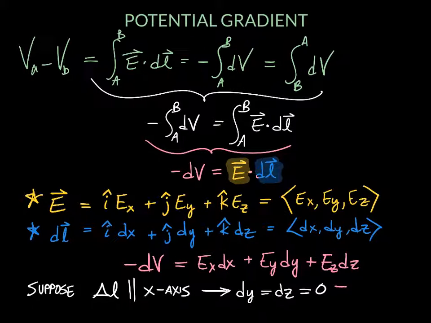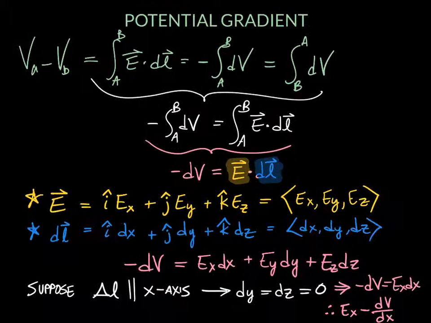And what this means is that minus dV equals just the Ex dx, and therefore the x part of this puzzle is a minus dV/dx, where the y and the z parts are constant.